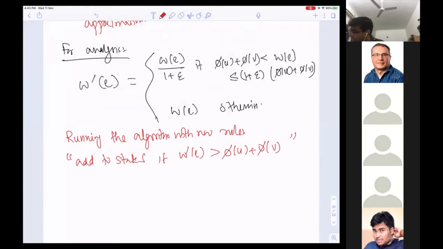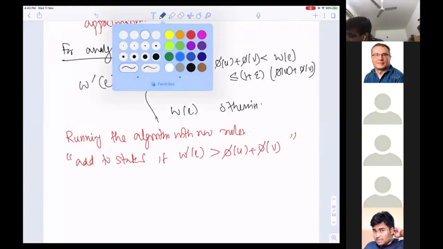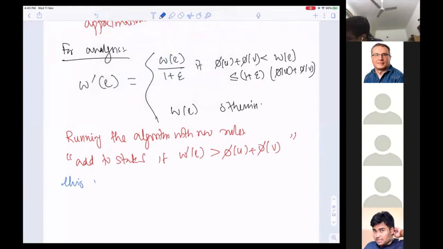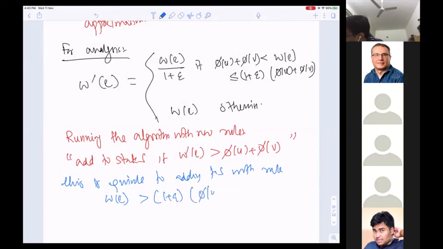Now I claim to you this is equivalent to adding to S with the rule weight of e is greater than or equal to 1 plus epsilon times phi u plus phi v.